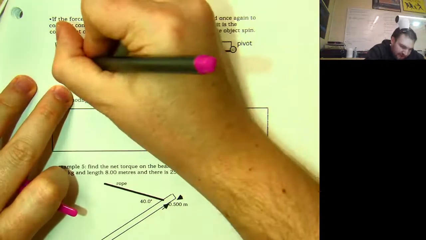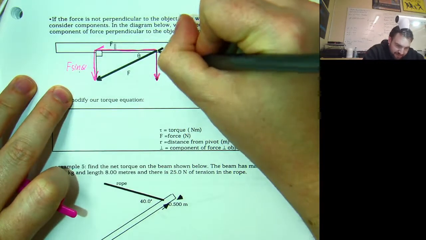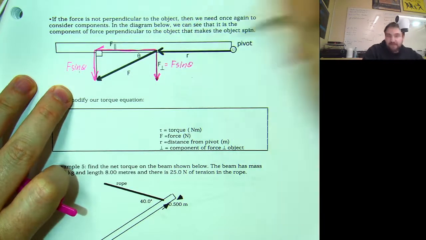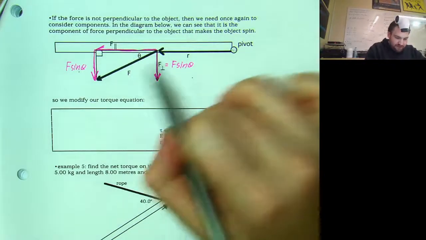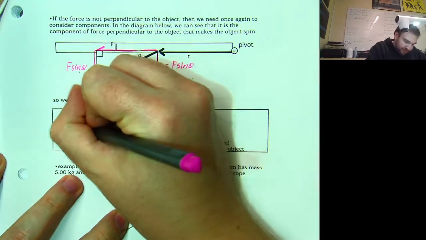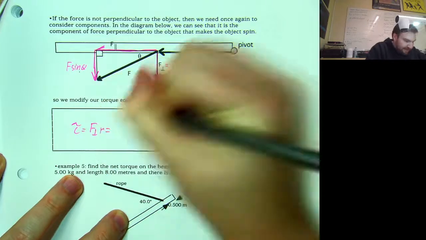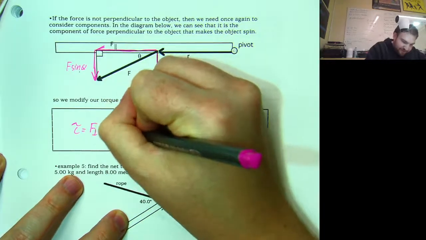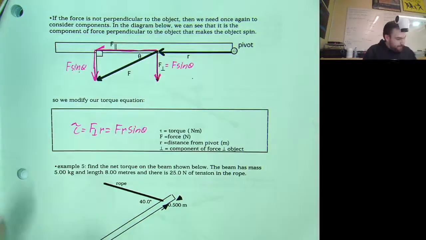This is going to be F sine theta, so my force perpendicular is going to be force times the sine of the angle theta between the object and the way the force is acting, between r and the way the force is acting. So we can modify the torque equation. I wrote it already. Torque is F perpendicular r, which is the same thing as my force times the distance from the pivot and the sine of the angle between them, which I've already kind of given you.